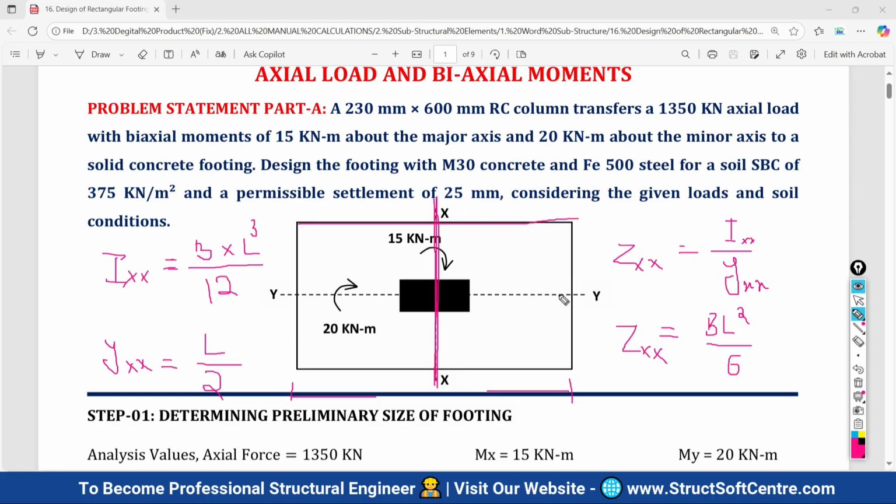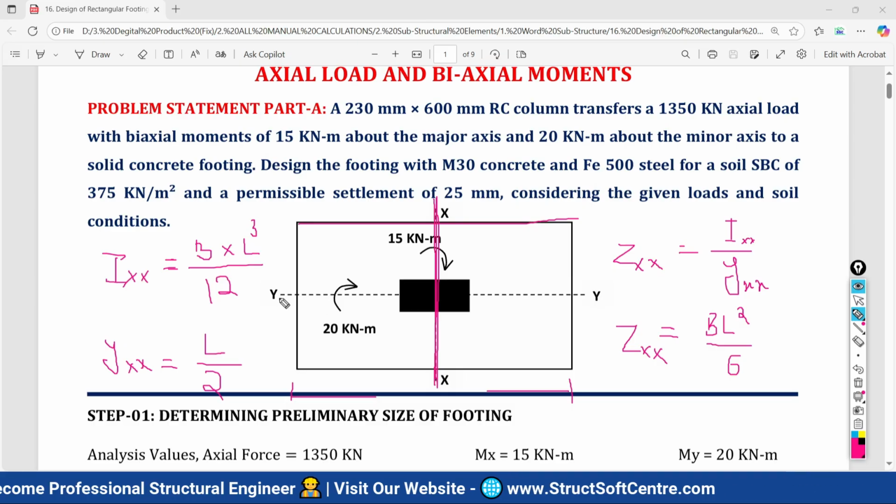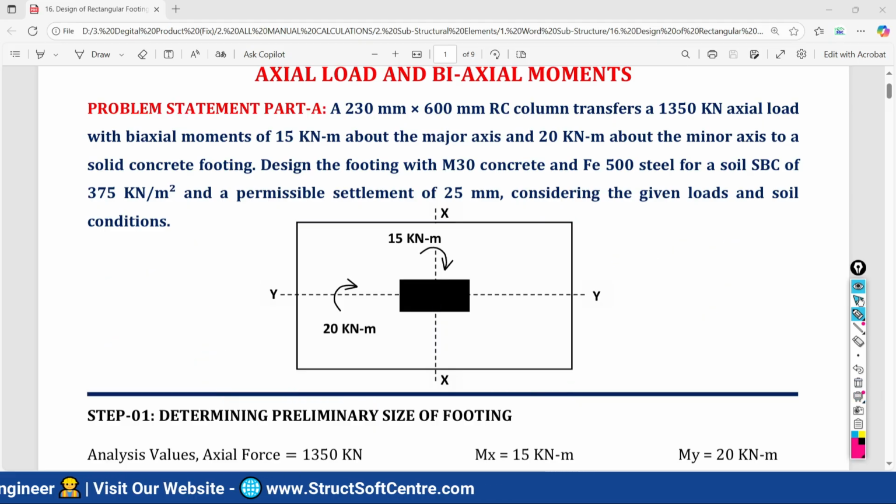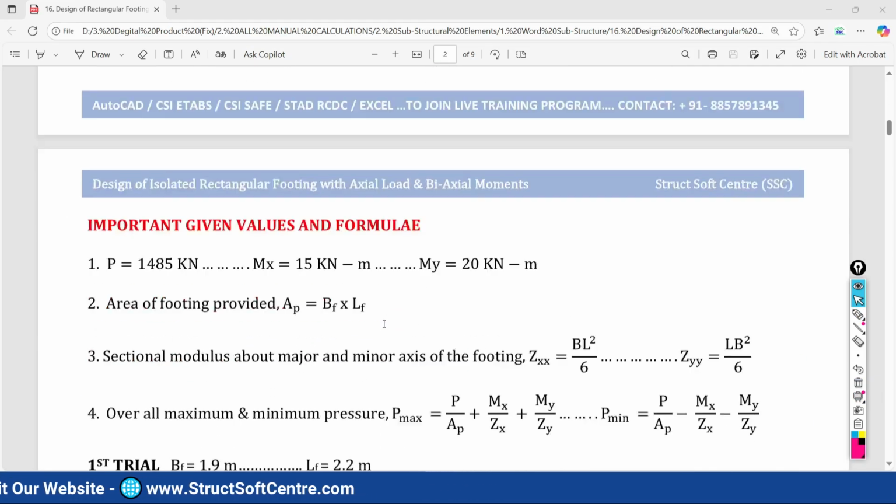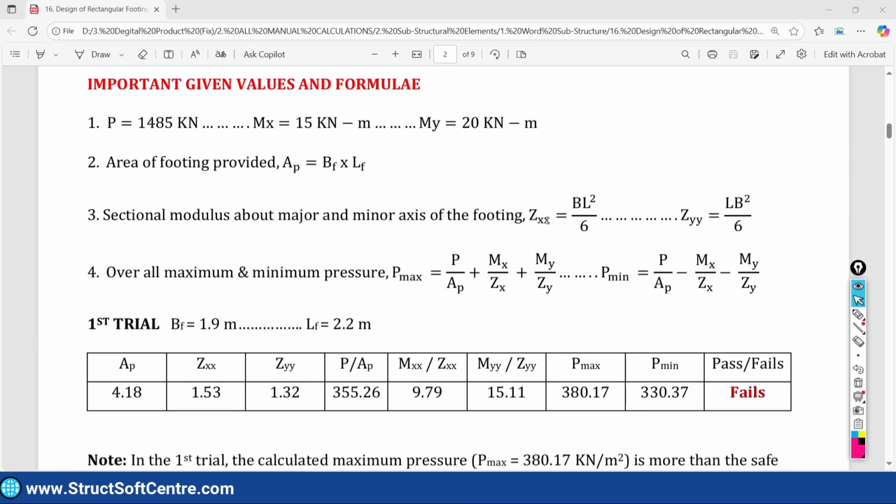Likewise, you can do the calculation for the sectional modulus about the minor axis. Both formulas are given here: sectional modulus about the major axis is BL square divided by 6, and about the minor axis, LB square divided by 6.